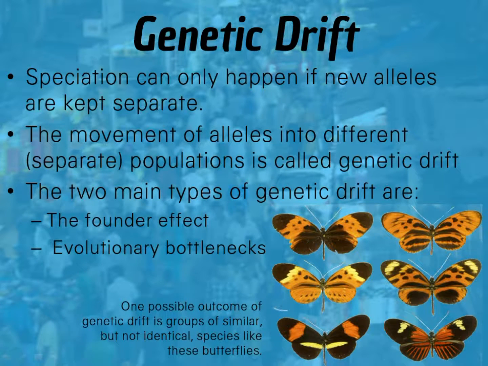So there are two main types of genetic drift, the founder effect and evolutionary bottlenecks. So one of the possible outcomes is similar but not identical species like these butterflies here, and also like the various species that Darwin saw on the Galapagos Islands.